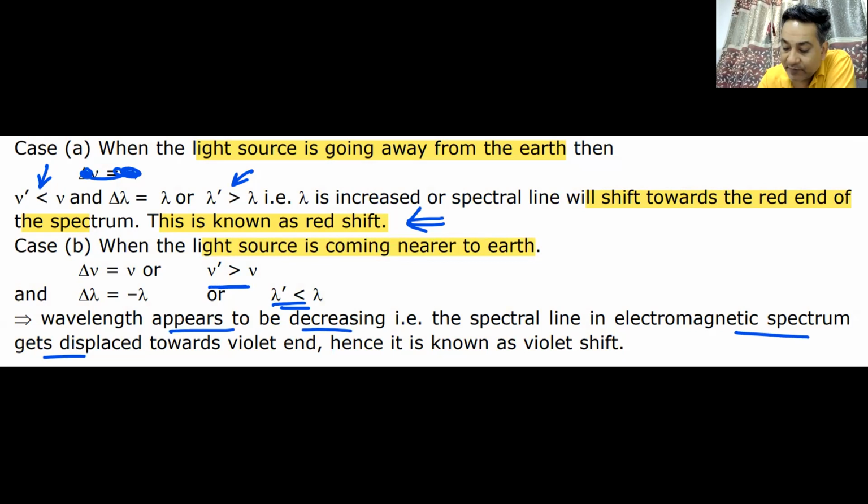The spectral line will be displaced towards violet and we call it the violet shift. These are the two things that you must remember about the Doppler effect of light. Redshift means frequency is less, wavelength is more, the star is moving away. Violet shift means frequency is more, wavelength is less, it is shifting towards violet. Do we understand this? I'll give you a minute to note this down.